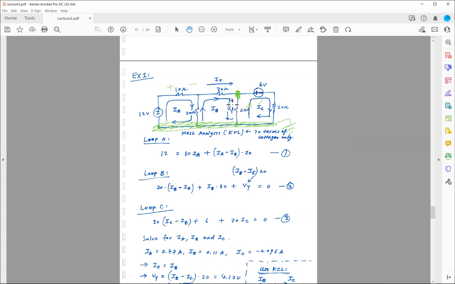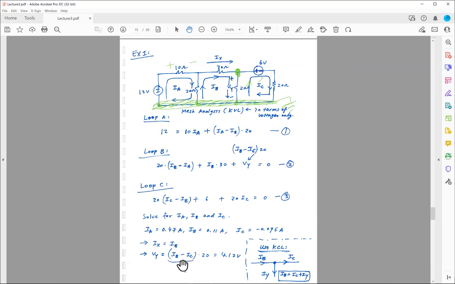That's going to create a voltage drop with plus here and minus there. Current goes into plus first and leaves the minus. So in this case, Vy is equal to IB minus IC times 20. You can call IB minus IC by the name IY, and IY is the current passing through this 20 ohm resistor, which creates my Vy. So this is equal to 4.12 volts.